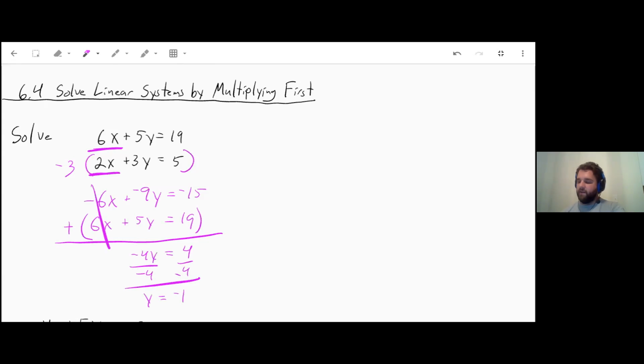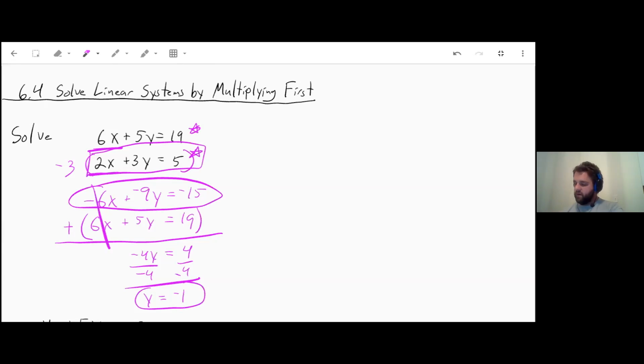So now we solve for the y value. So now we can go back and solve for our x value. And we can plug this y equals -1 into our new equation that we found, or we can plug it into either of our original equations. I'm probably going to do this second equation right here, just because it's the smallest number that will multiply by y, because 3 is nicer than 5 or 9, at least in my opinion.